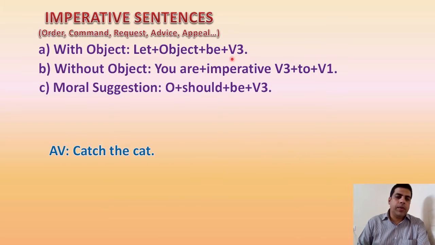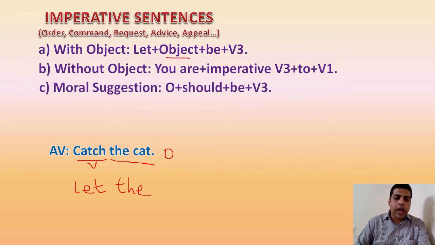Look at one example. Catch the cat. In this sentence, the cat is our object. Catch is the verb. Now what we are supposed to do in the beginning is write the word let. After that, as I said, the object is supposed to be brought: the cat. And after that, we have to write the word be.